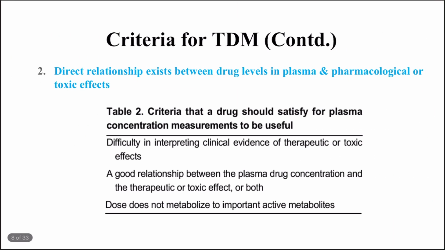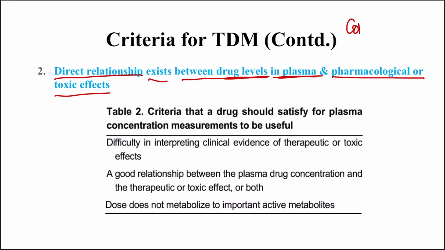Then coming to the next one, therapeutic drug monitoring is done in cases where there is a direct relationship between the drug levels in the plasma and the pharmacological or the toxic effect. As I have already mentioned, the concentration will be related to the effect of the drug.